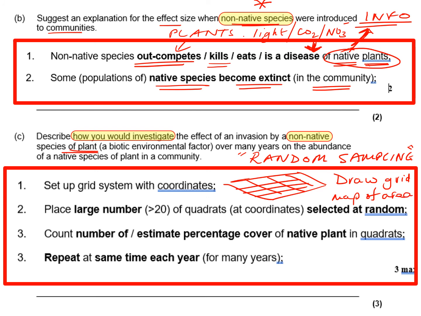You then generate random coordinates with a random number generator like a calculator, and you place the center of each quadrat at each given random coordinate. Now we need a large number of quadrats to make sure the data is representative, and we can generate a reliable mean value.